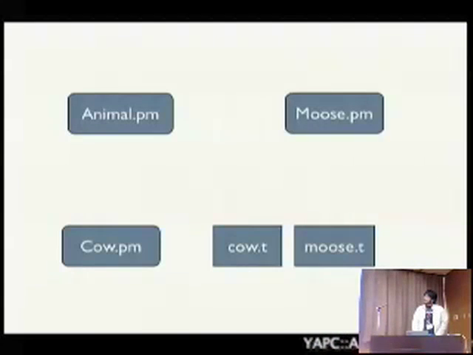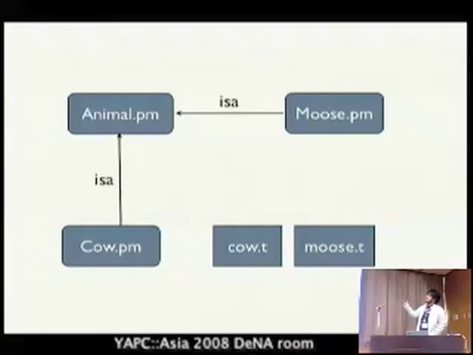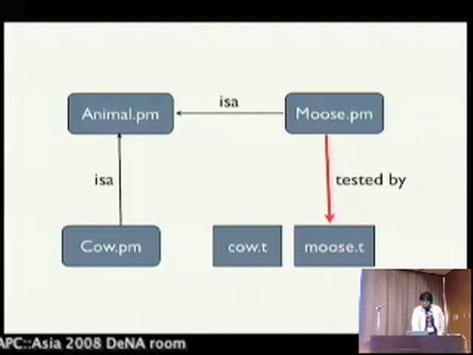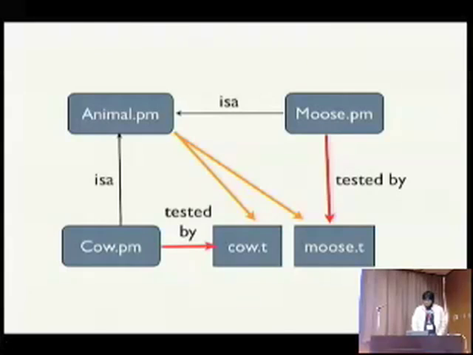And currently it only detects shallow dependencies, which means that if I have some inheritance in my source code like this, say I have Animal.pm, the base class, and then I have two files to test my subclasses, and I modify Animal.pm, theoretically I should rerun the tests for the subclasses because the source code is considered changed.